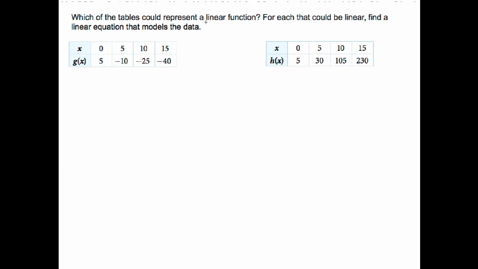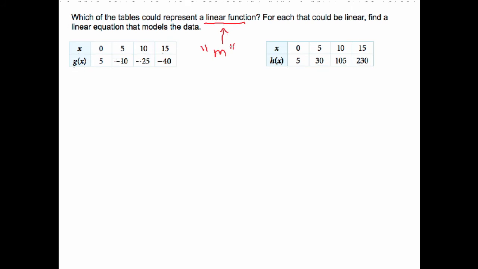Which of the tables could represent a linear function? For each that could be linear, find a linear equation that models the data. Well, linear functions have a constant rate of change, so we're going to see if, with these tables, we have the same rate of change throughout.